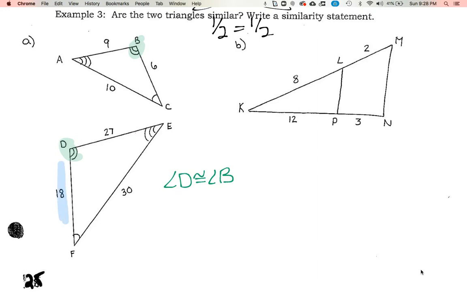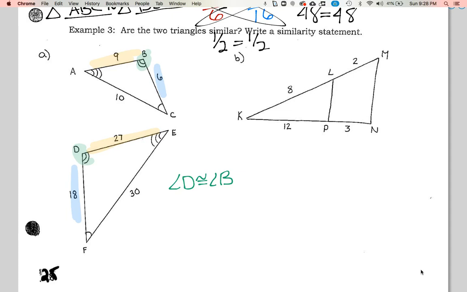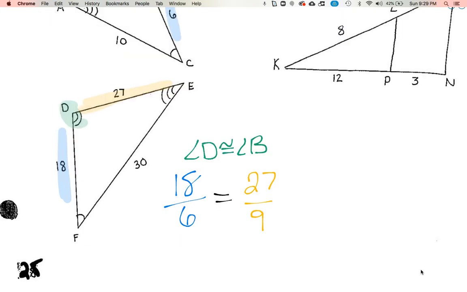So 18 goes with 6. 27 goes with 9. So 18 over 6. 27 over 9. And those both simplified down to 3.